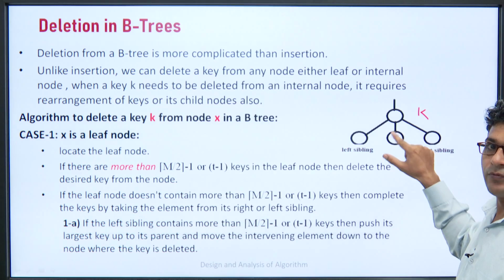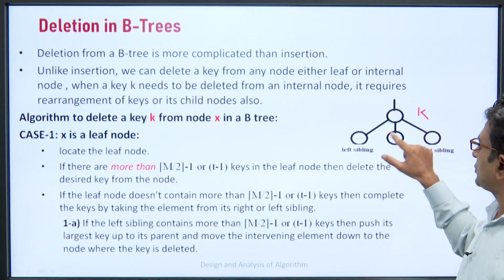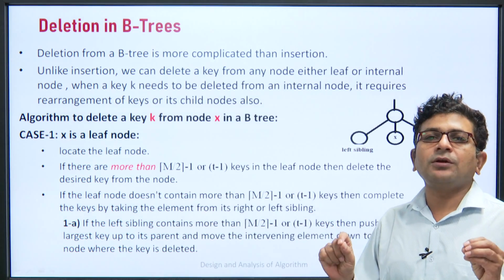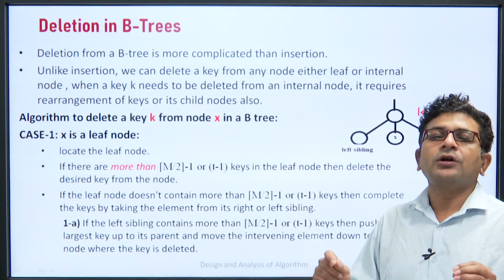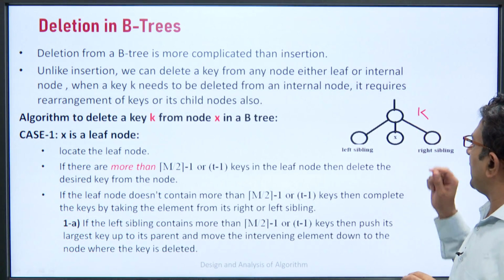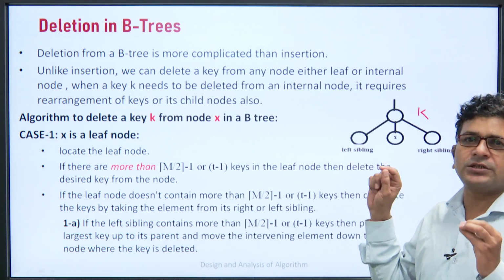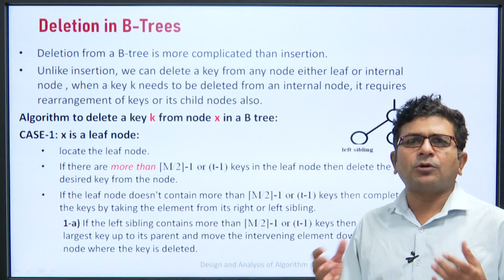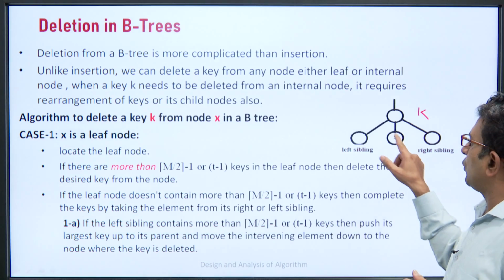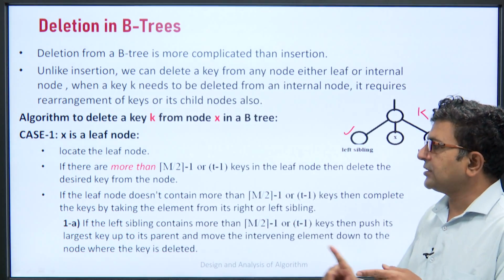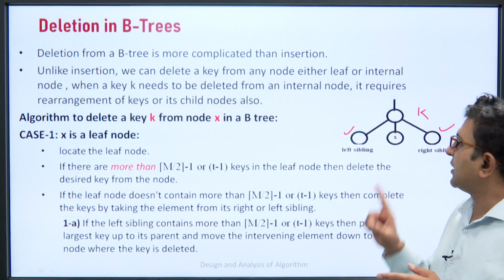Now, this node X has only the minimum keys, which is the mandatory requirement for the B-tree property. So, what will happen if you delete a key k from this? That property would be violated. How can we resolve that? In that case we look for the left sibling and the right sibling. So, in case 1A, we look for the left sibling.